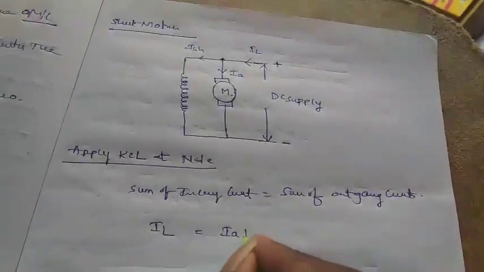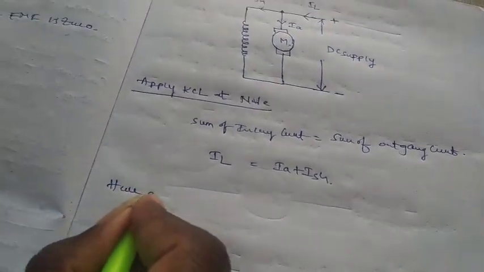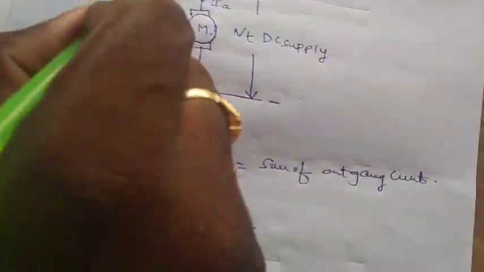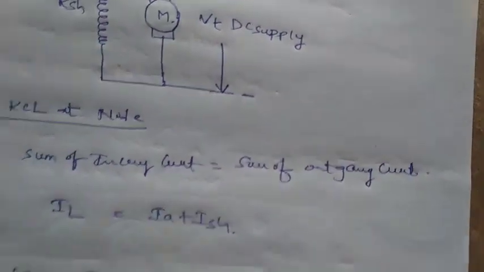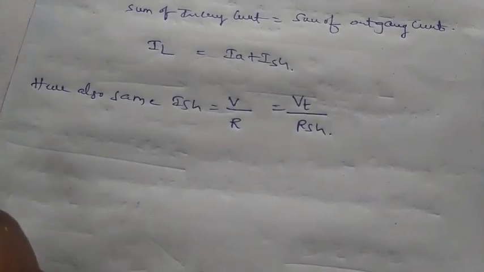Outgoing current is IA plus ISH. Here also, ISH equals what? What is the voltage applied? That is the terminal voltage VT. That is the parallel case. Here the resistance is RSH. Parallel voltage is the same. That is V by R, where the voltage is the terminal voltage and R is RSH.